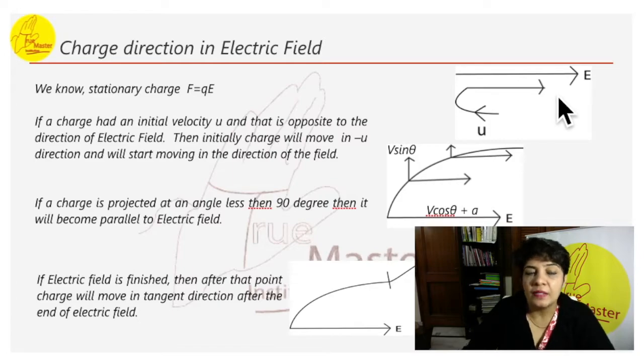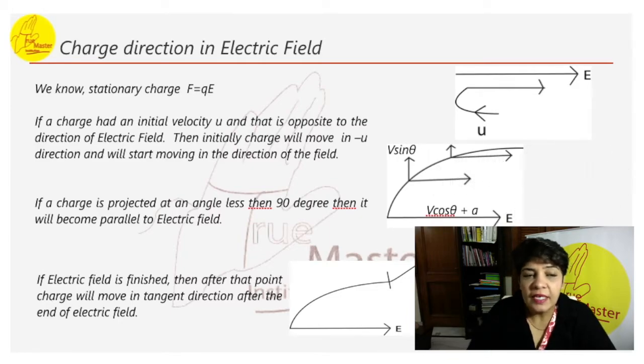Now in the second case, if a charge is projected in an electric field, it will take the shape of a parabola. How? This is the electric field, we throw a charge from here. It will take the shape of a parabola, a shape like this. And eventually from here, if the electric field is over here, then it will be parallel like this.